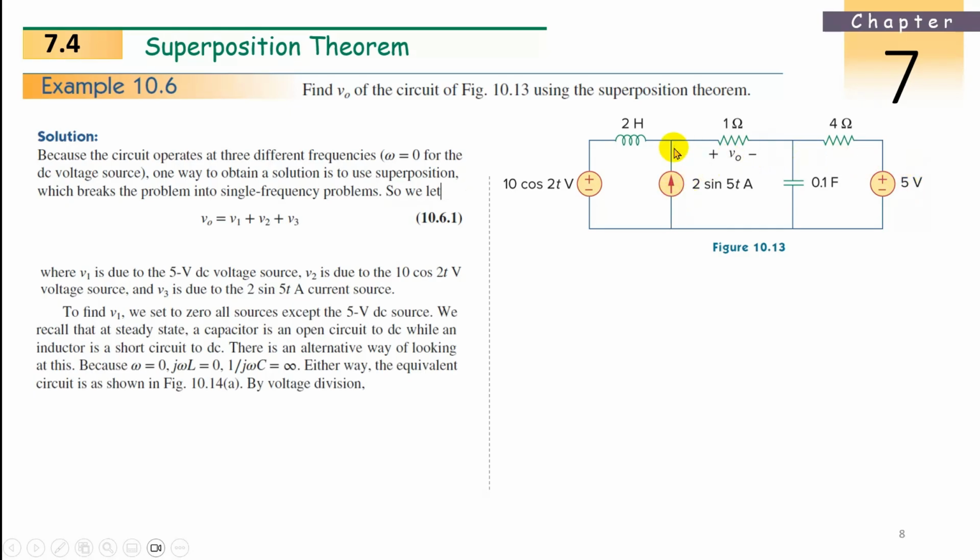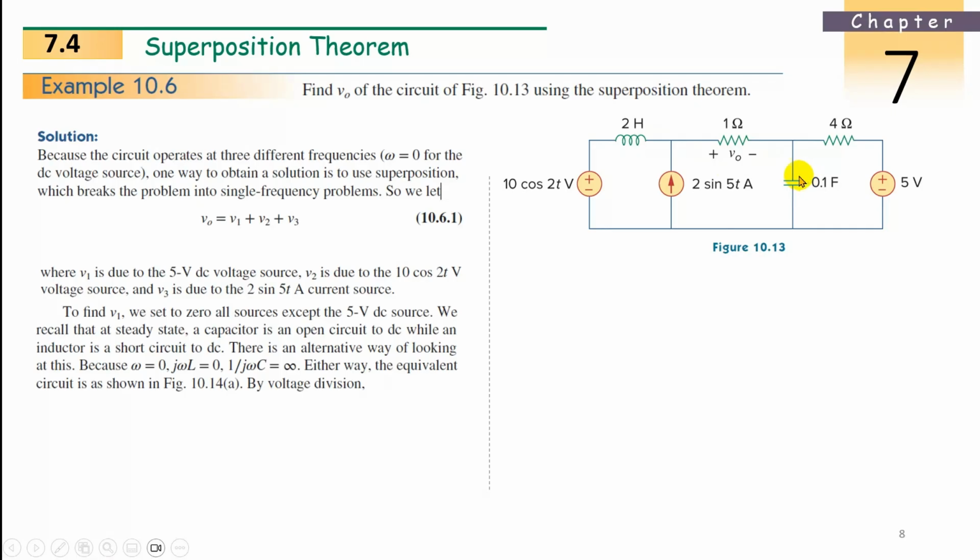So the current source is open and the voltage source is short. When it is short circuit and open circuit, how will the circuit behave? The 2 henrys, 1 ohm, 4 ohms, and 0.1 farads will be there with the 5 volt source. But another point: when DC is there, how will the inductance act? Short circuit. How will the capacitance act?